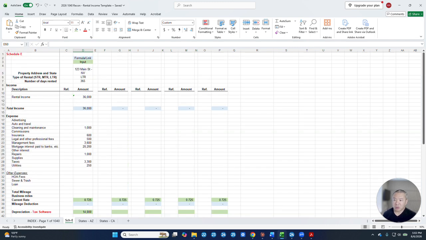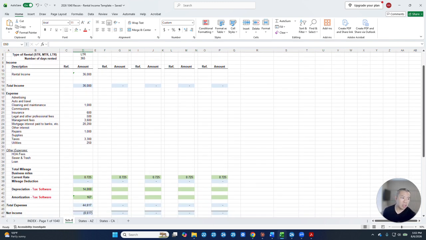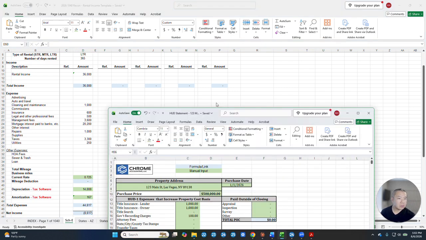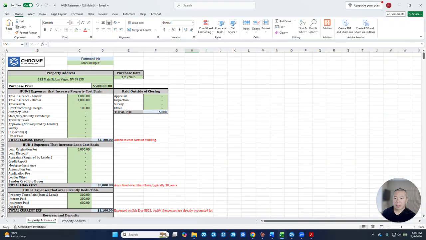Now, if it's the first year that you have this rental, you're going to receive a settlement statement from the title company, and it's going to show the cost of the building. There are going to be some title expenses, some loan costs, and I have this little template here. You'd put in the amount that the purchase price was.